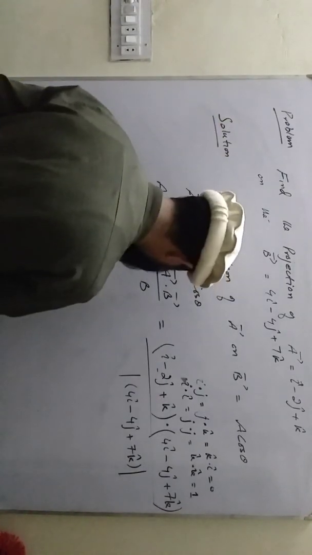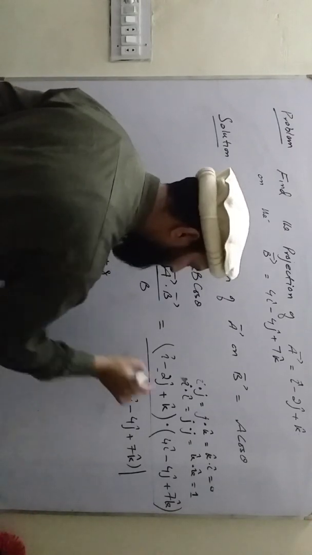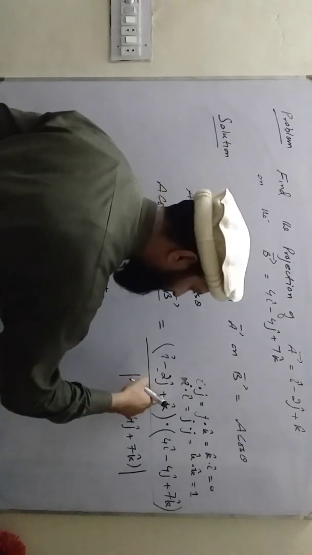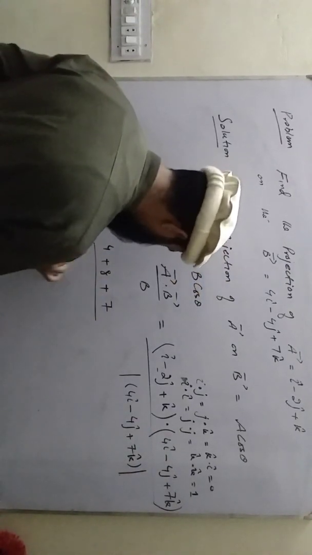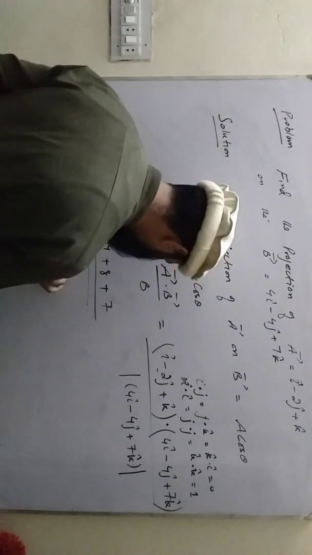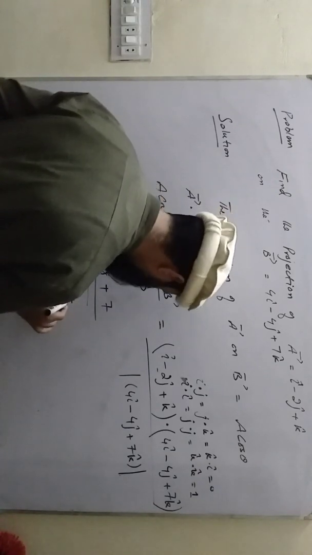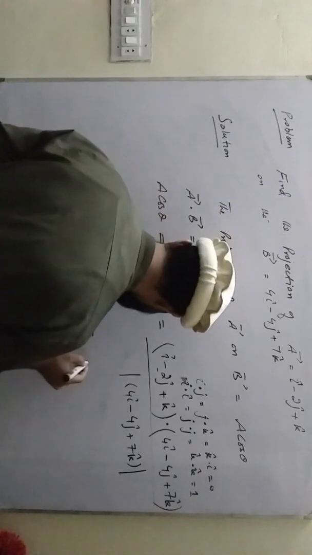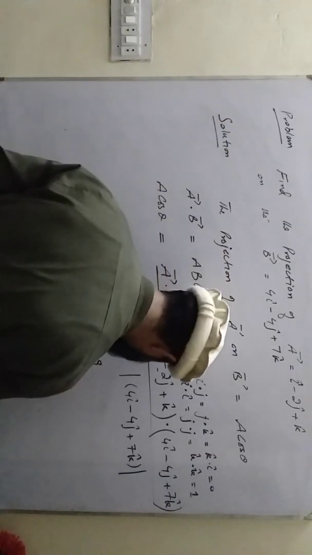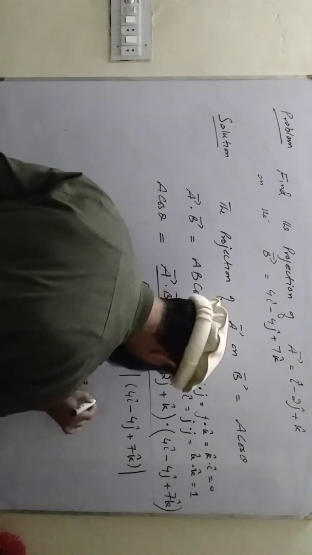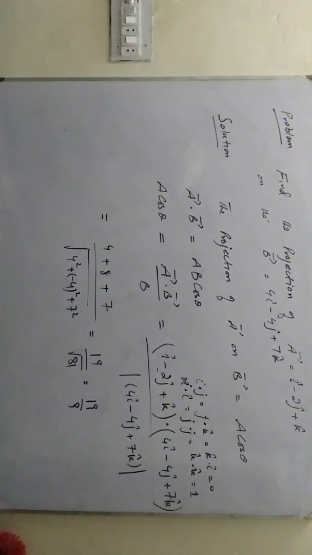Minus 2 multiplied by minus 4 gives 8, plus 1 multiplied by 7 gives 7, divided by the square root of 4 squared plus minus 4 squared plus 7 squared. This gives 4 plus 8 is 12, 12 plus 7 is 19, under root 81, or 19 by 9. This is the projection of A on B.